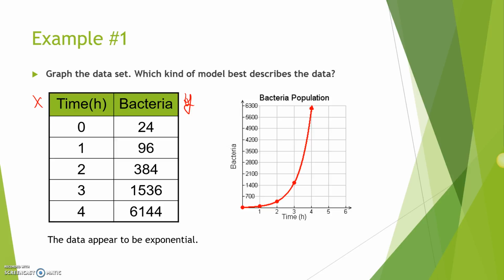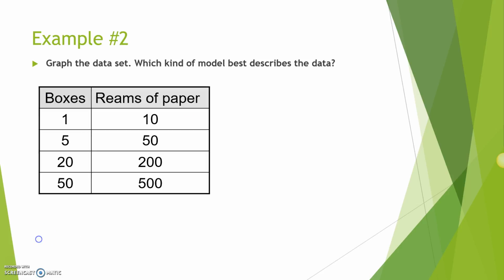In the notes, you need to make sure you're graphing the table, creating the graph itself, and writing the answer. For example number 2, here again very similarly, it says graph the data based on this chart and then which kind of model best describes this data. So we have number of boxes and then how many reams of paper based on the number of boxes we have.